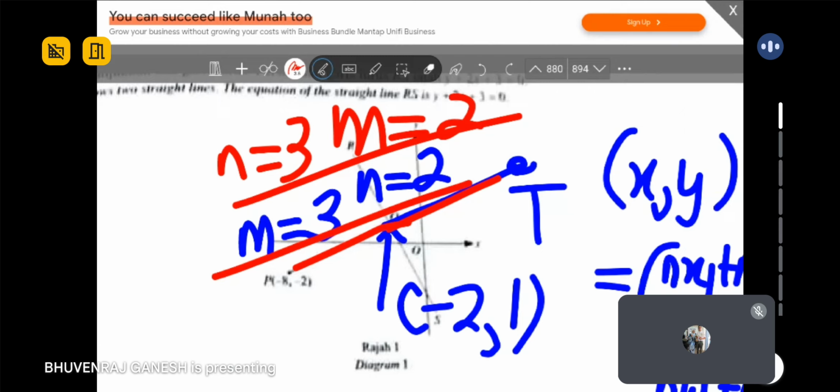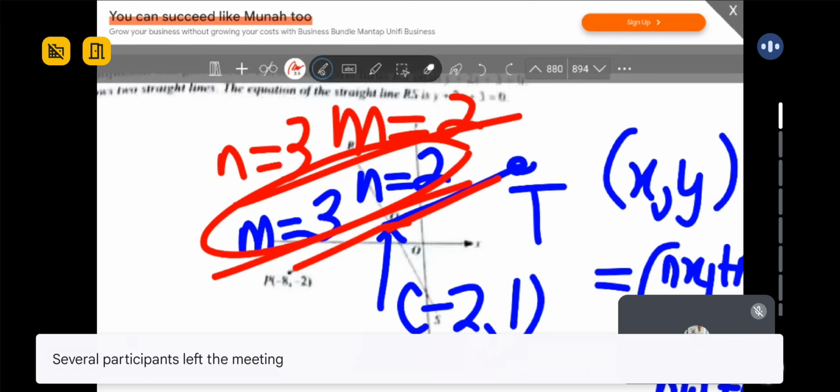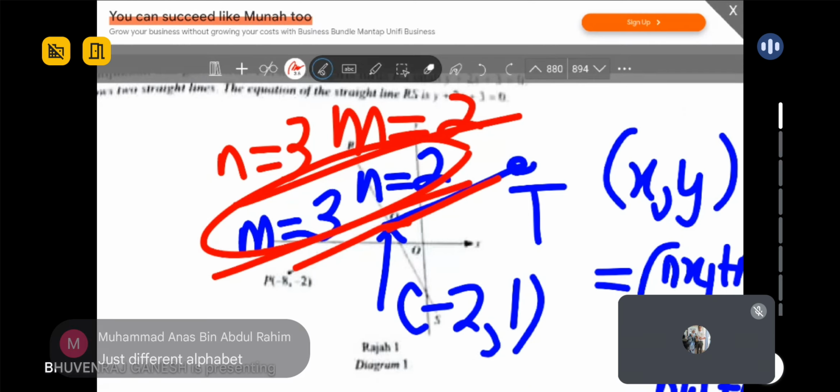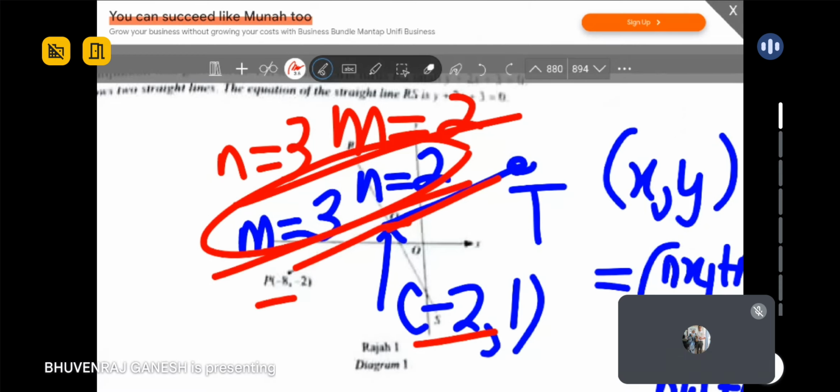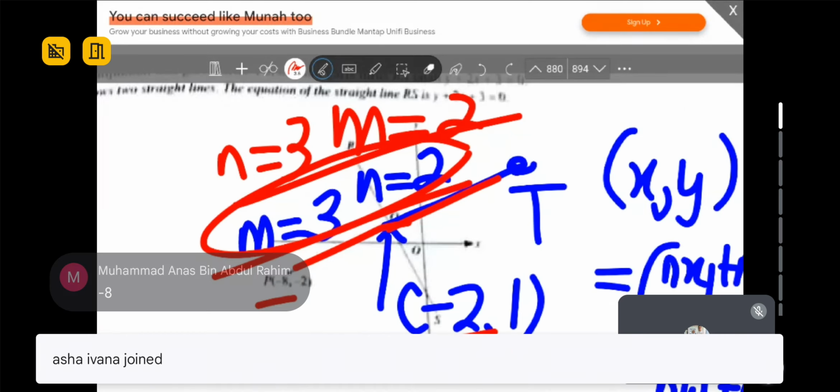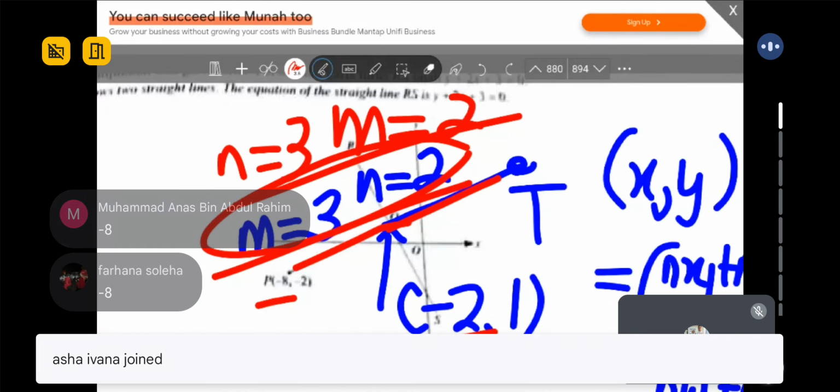Okay? So, let's say I want to use this one, guys. So, may I know, what is my X1? Apa nilai X1 saya? Saya nak tahu sekarang. What is my X1? Is it negative 8 or negative 2? Which one is my X1? Cuba bagi tahu. Yes, betul lah. Correct.